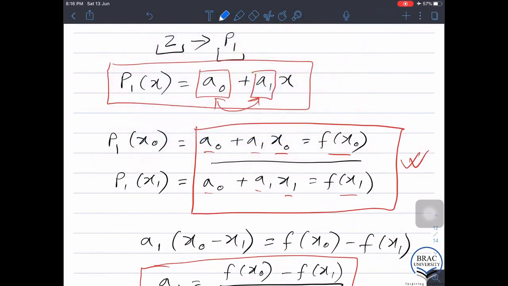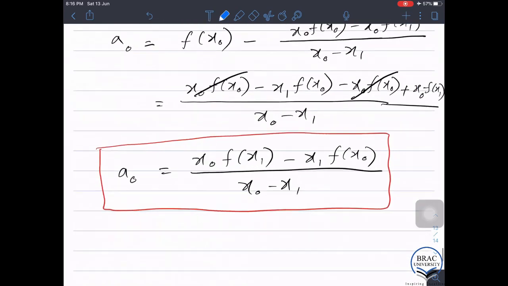For example, I can write this as [1 x0; 1 x1] times [a0; a1] is equal to [f(x0); f(x1)], right? So if you multiply them out, you'll get these set of equations.